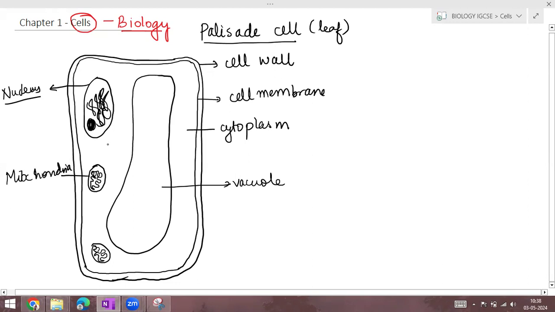Then there are dot-like organelles, which are known as ribosomes. We will shortly see what these are actually used for. And then here we also have one amazing organelle present in plant cells. It's known as chloroplast.